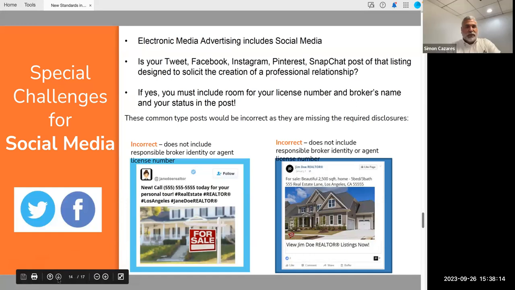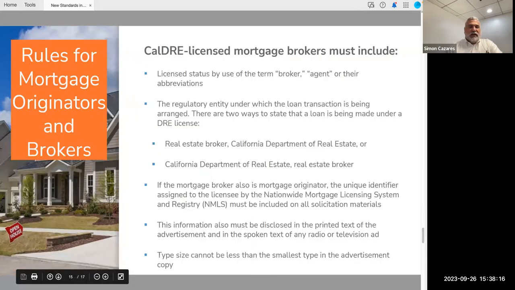My pleasure, of course. All right, so this is more directed at rules for mortgage originators and brokers, but I'll go through it. DRE licensed brokerage mortgage brokers must include license status by use of the terms broker, agent, or their abbreviations, the entity in which the loan transaction is being arranged, real estate broker, California Department of Real Estate, or the California Department of Real Estate brokers.